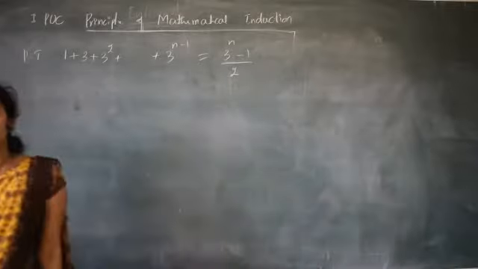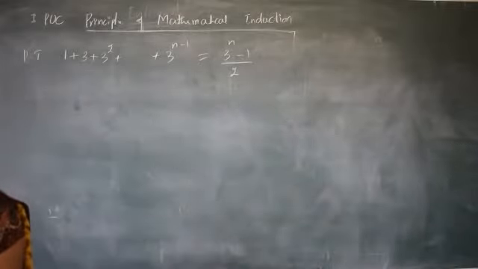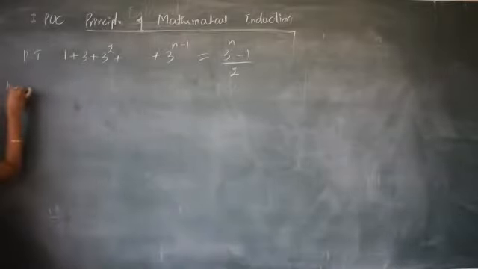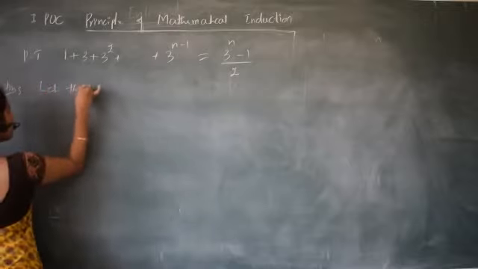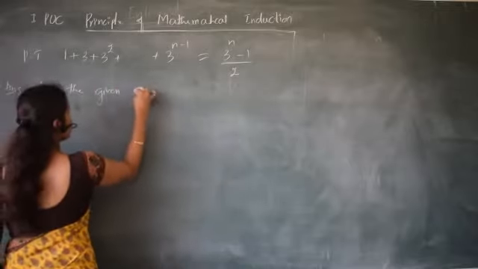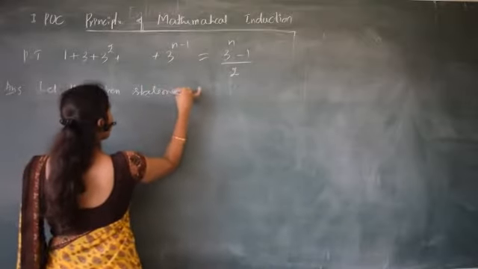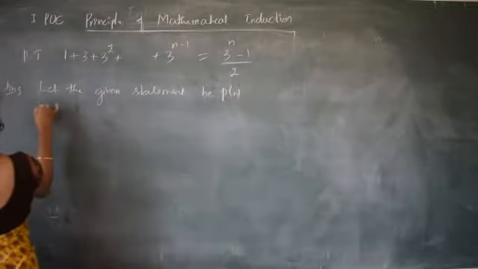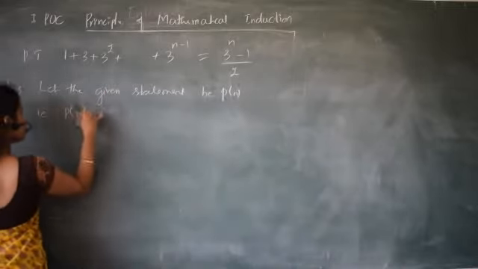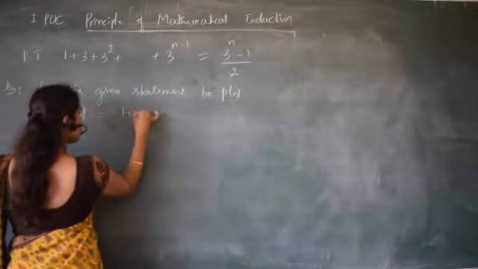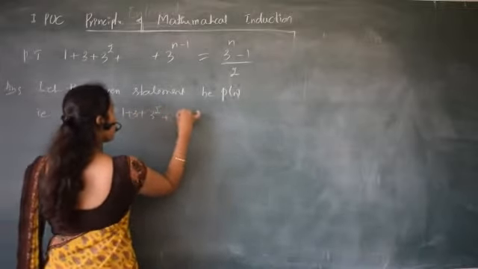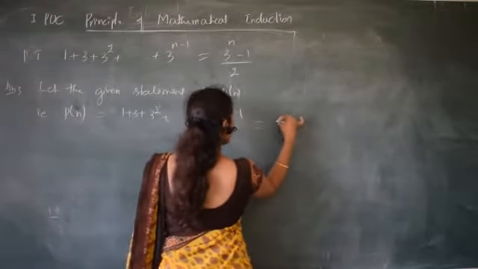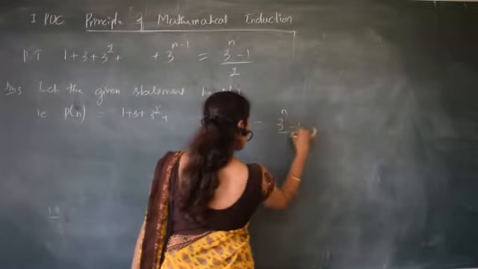So the first step you can write yourself. Let the given statement be P of n, that is P of n is equal to 1 plus 3 plus 3 square, and so on up to 3 to the power n minus 1, is equal to 3 to the power n minus 1 divided by 2.